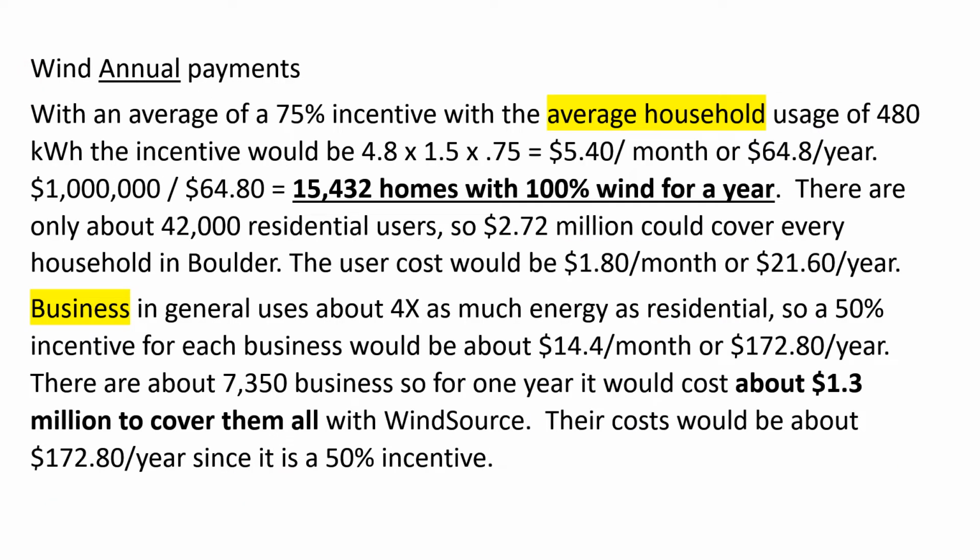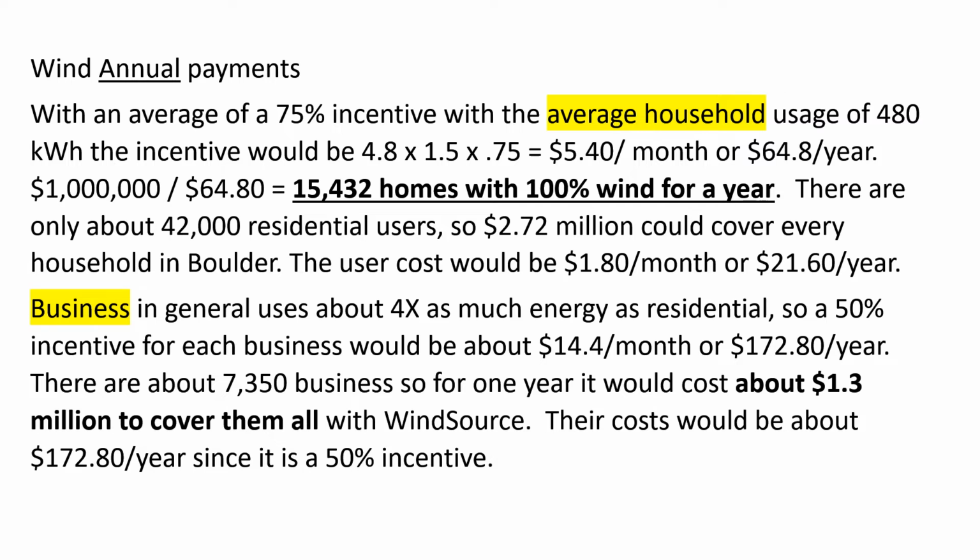Wind annual payments. With an average of a 75% incentive with the average household usage of 480 kilowatt hours, the incentive would be 4.8 times 1.5 times 0.75 equals $5.40 a month, or $64.80 a year. $1 million divided by this incentive would mean that 15,432 homes would have 100% wind for a year.